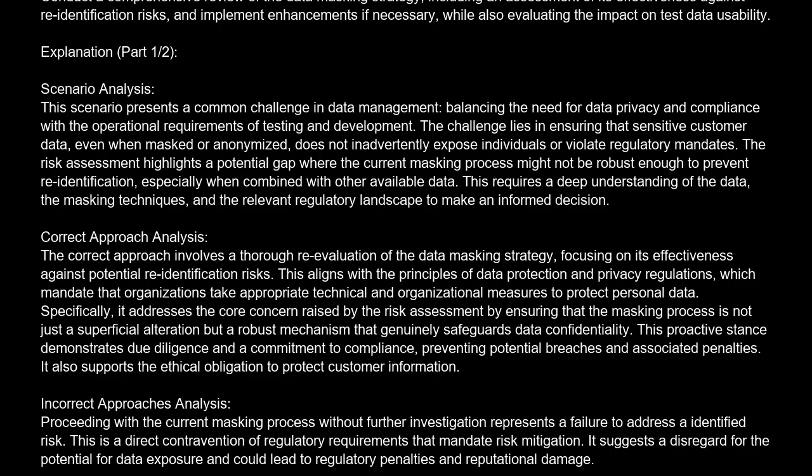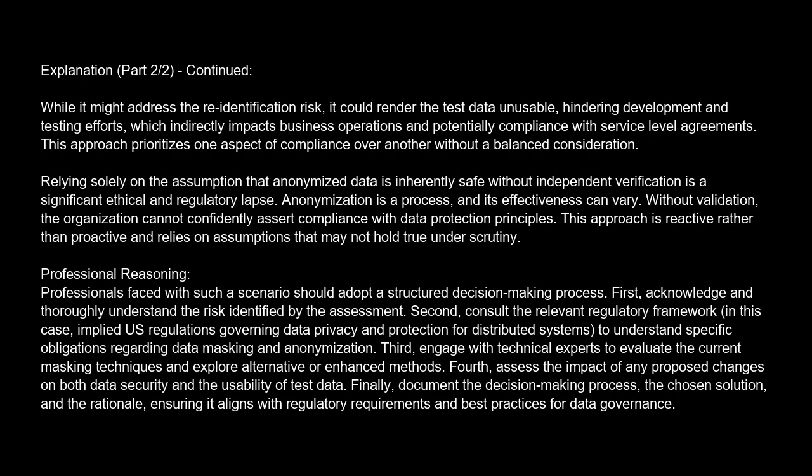Implementing a more aggressive, but potentially less functional masking technique without understanding its impact on test data utility is also problematic. While it might address the re-identification risk, it could render the test data unusable, hindering development and testing efforts, which indirectly impacts business operations and potentially compliance with service-level agreements. This approach prioritizes one aspect of compliance over another without a balanced consideration.